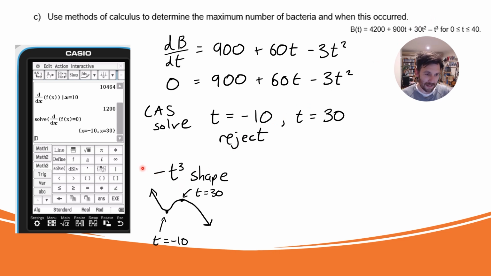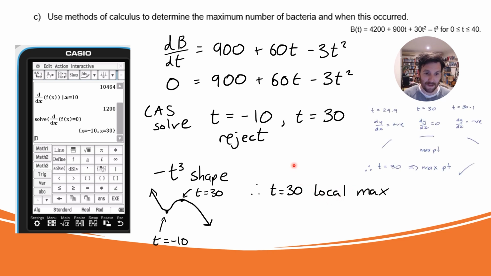And that's going to give us this kind of shape. We've got that decreasing from left to right, increasing, and then we're going to start decreasing again. So our two turning points, the one on the left is going to be t equals negative 10, and the one on the right is going to be t equals 30. And we know from the shape of it that the one on the left is going to be a minimum and the one on the right is going to be a maximum. So what I've done there is used a diagram to justify that t equals 30 is going to be a local maximum. If you prefer, the sign diagram for this would look a little bit like that.